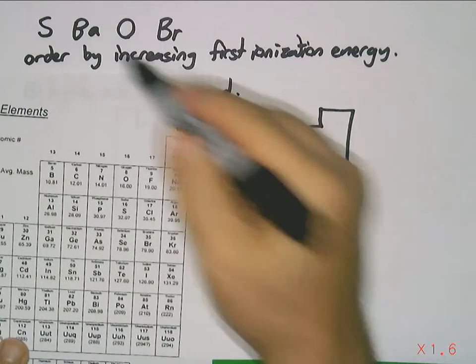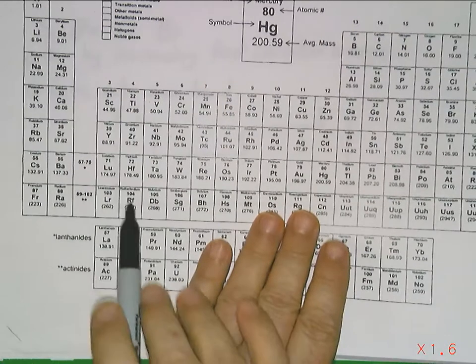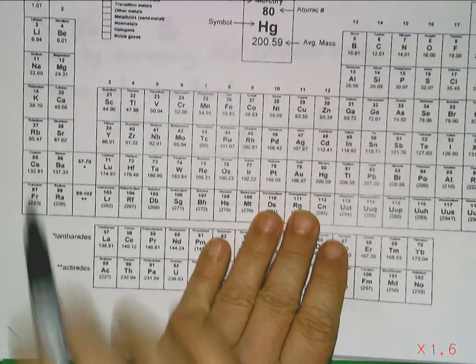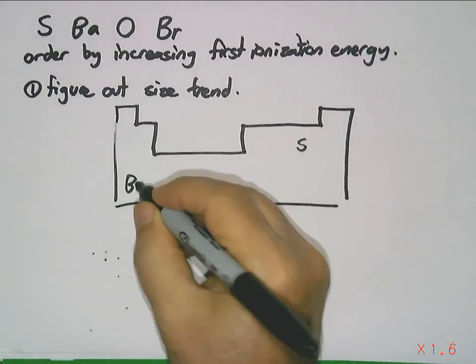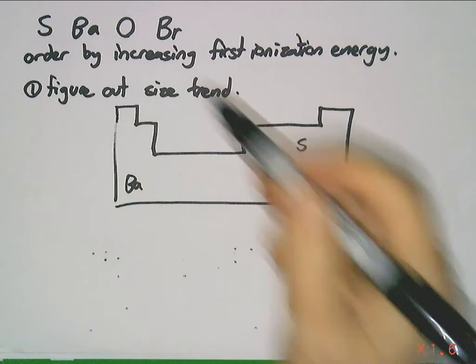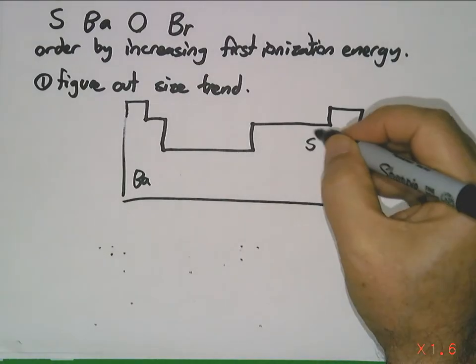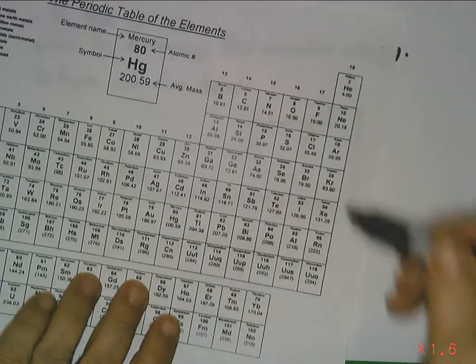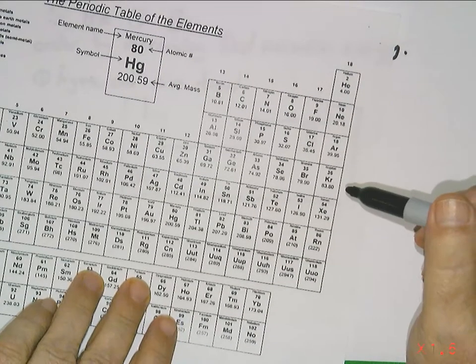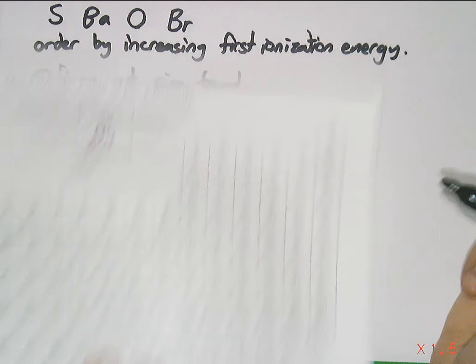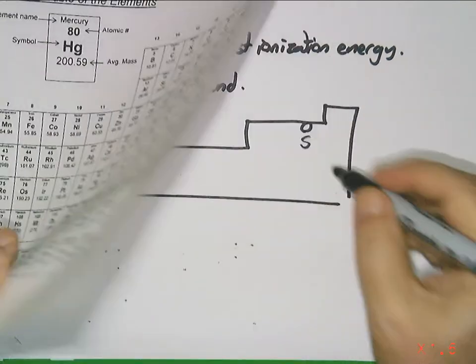And let me see, barium. Barium is down here. And oxygen. Oxygen is up there, above sulfur. And what else do we got? Bromine. Bromine is down here.